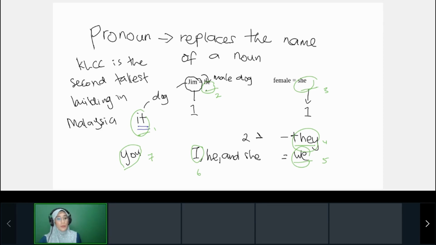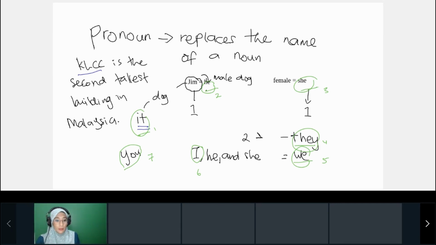So in the next sentence, if you want to form another sentence with this KLCC, then you should start off with, is it a he? Is it a she? Do we know KLCC has a gender? No, I don't think so. Is KLCC considered they? Is it more than one?